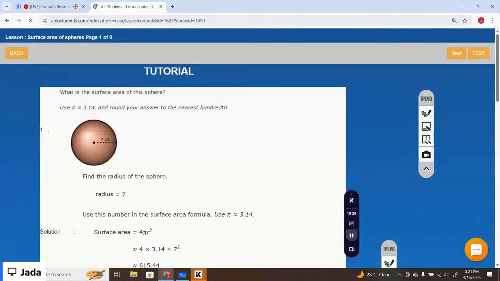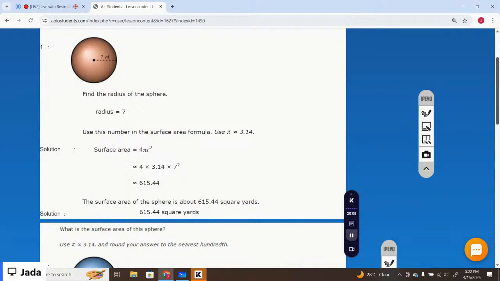Surface area of spheres. What is the surface area of the sphere?